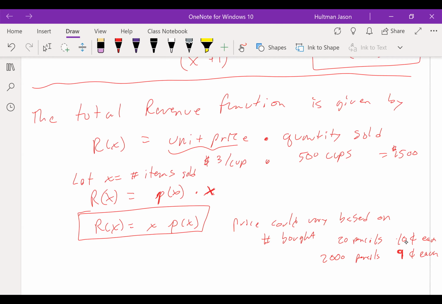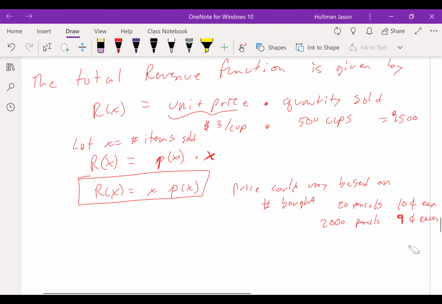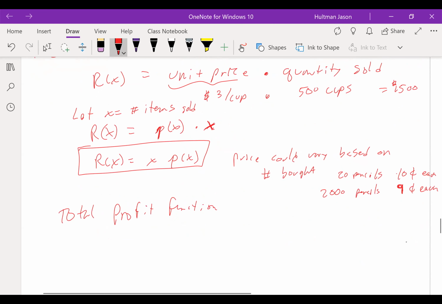Now the total profit function is capital P of X equals the total revenue minus total cost.